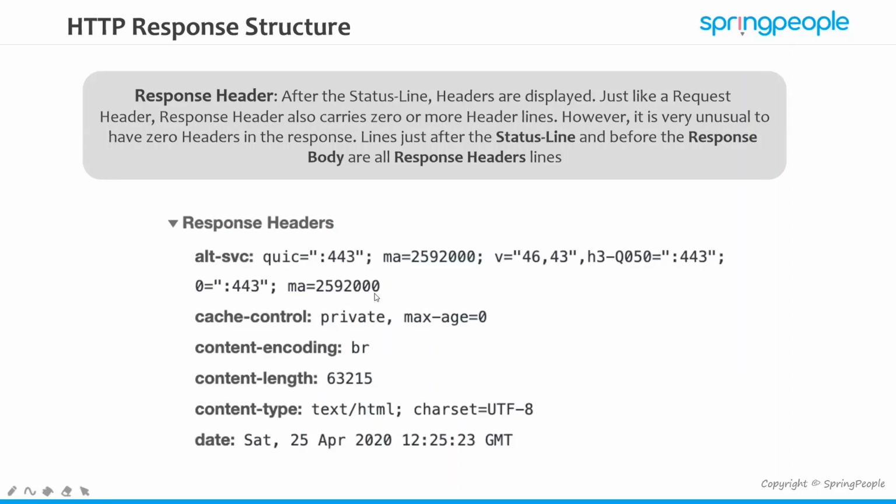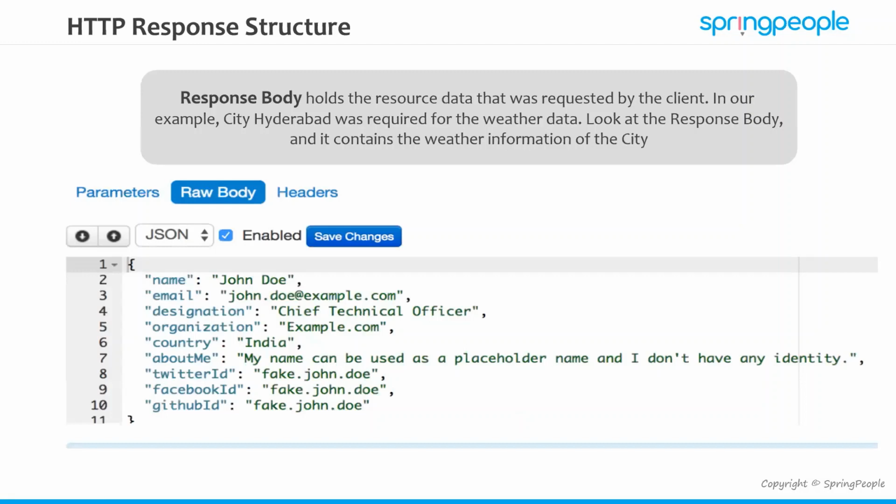Similarly, when the server sends something to clients, informational data is present in headers. As you can see, cache control, content encoding, content length, content type, all the transmission related information, and date are response headers.